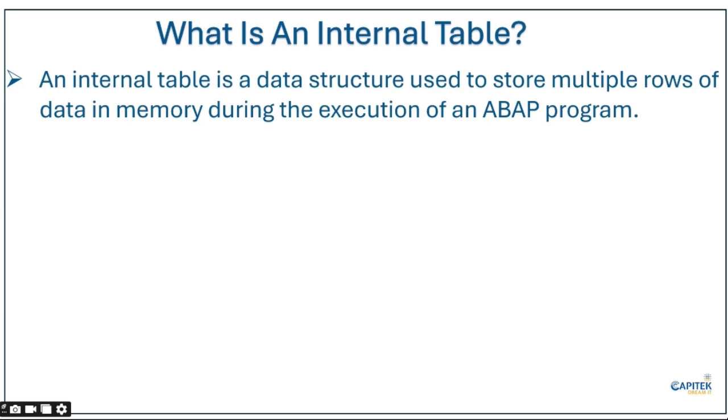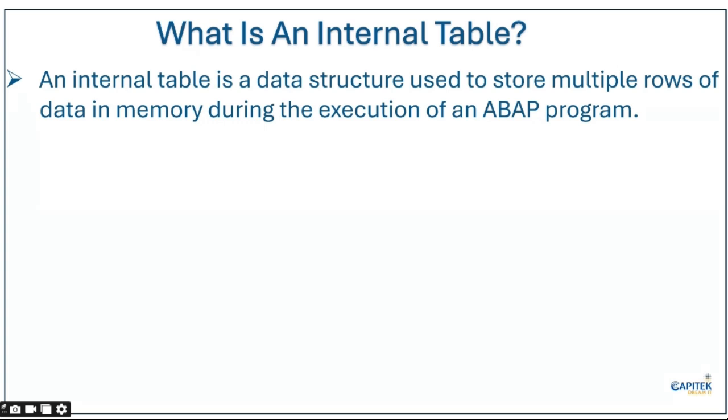So this internal table with multiple rows can be available in memory during the execution of an ABAP program. Where can we see this internal table? An internal table is always available in the runtime environment of an ABAP program.